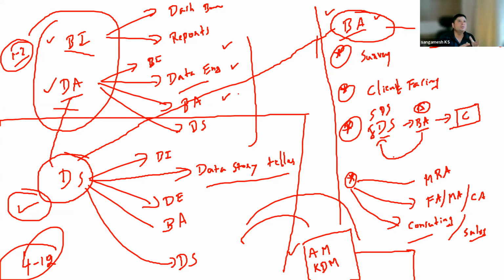If you speak about the academic background of data scientists, hardly 10 to 15% of them have an MBA background. This is pure analytics which I'm giving you. And 10 to 15% is also not a bad number. It is still a good number.